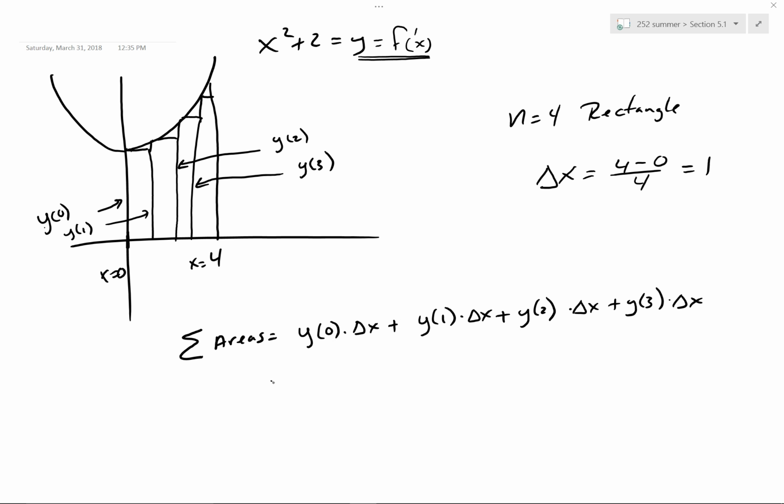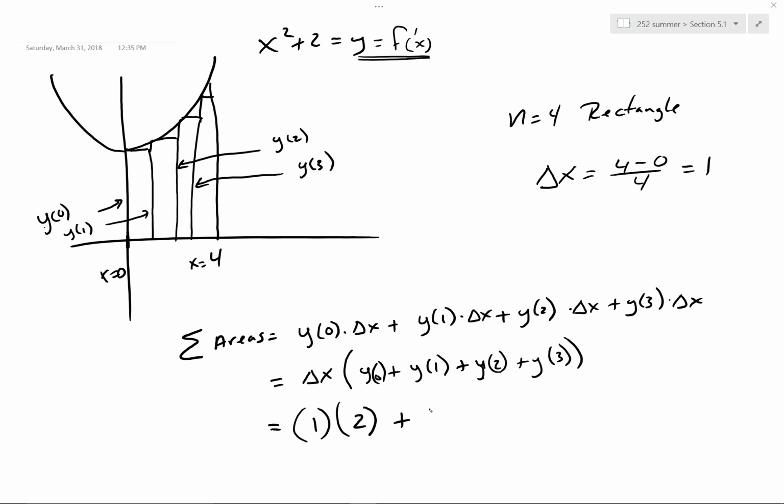So a couple things stand out to me. First of all, I see that they all have a delta x in common, so I'm going to take that out. Okay? And so I'm going to rewrite it like so. And now I'm free to go ahead and compute this. So it's going to be 1 times, well, when you put 0 into there, you get 2.